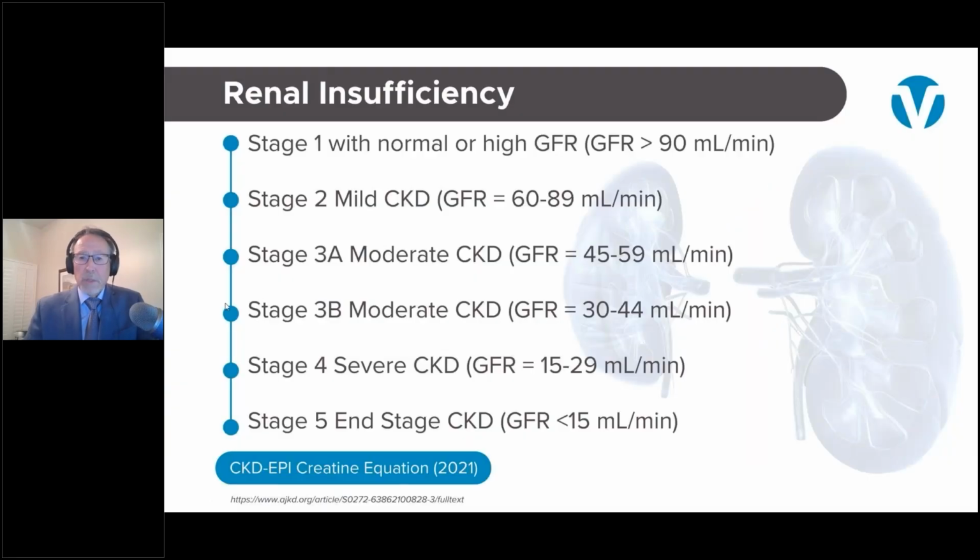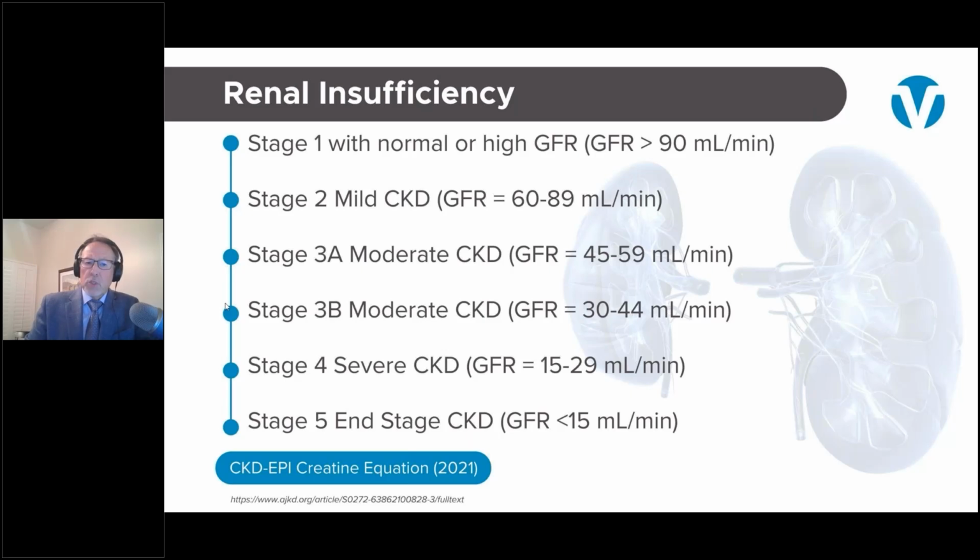So let's start with renal insufficiency. As you all know or are familiar with, there's multiple stages of renal insufficiency. Anything between 60 and 89 is usually considered mild, and between 30 and 60 is considered moderate. As recently, this has been modified somewhat and sort of subcategorized.